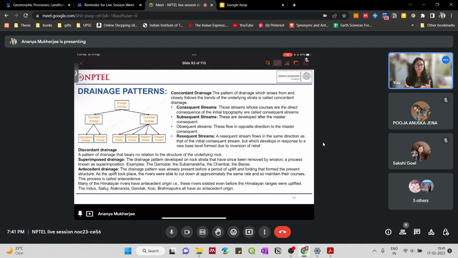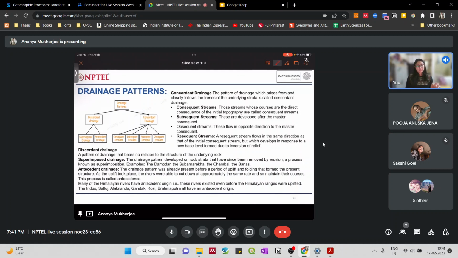Previously there might have been a different kind of pattern, but now there is a different one. So concordant follows the trends of the area, and discordant does not follow the trend. It might have been disturbed at any point of time.